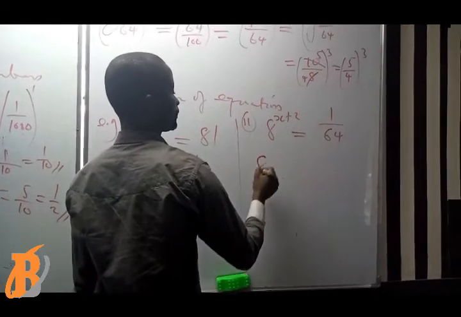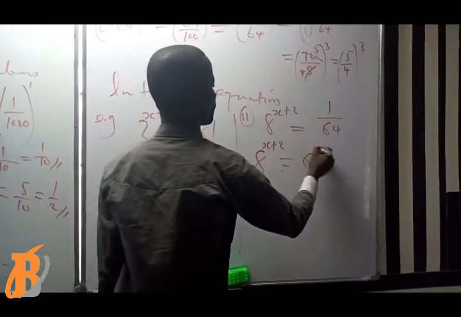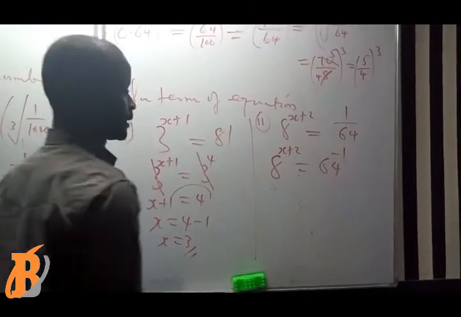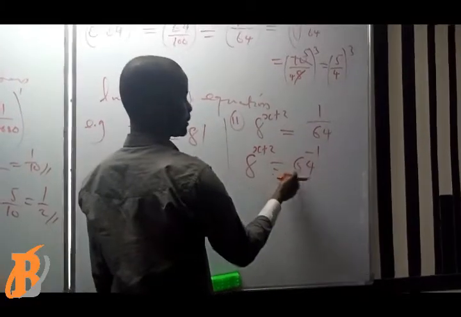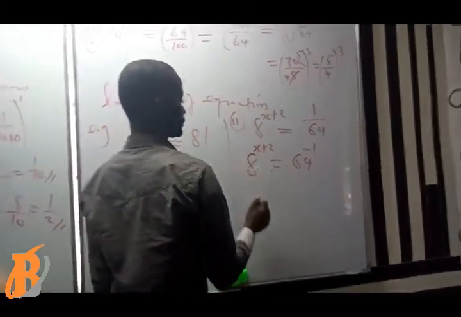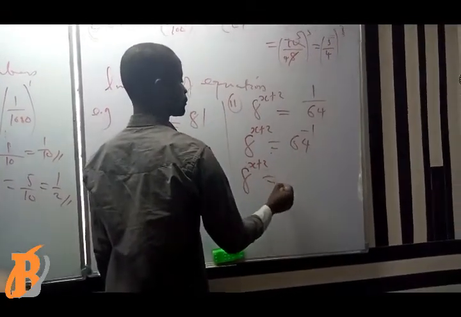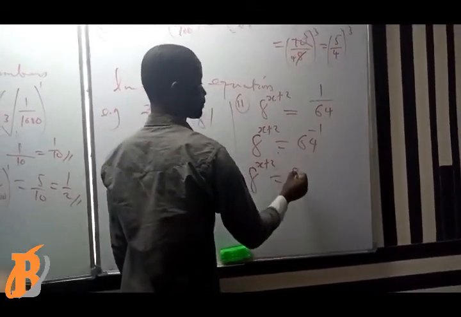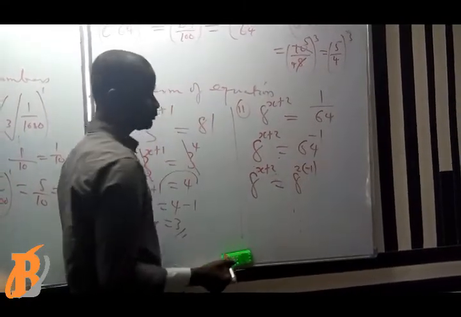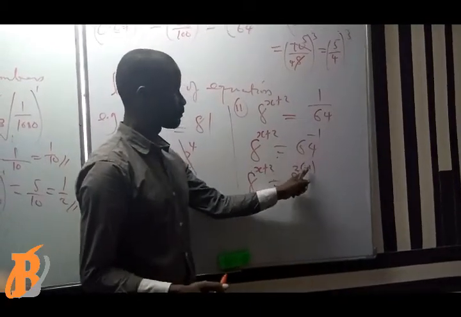That is 8 raised to power x plus 2 equal to 64 to the power of minus 1. It's the same thing. And then 64 can be expressed in terms of 8. That is 8 raised to power x plus 2 equal to 8 to the power of 2, all raised to minus 1, because 8 raised to power 2 is 64.